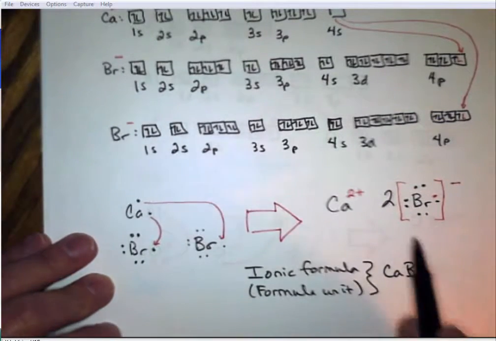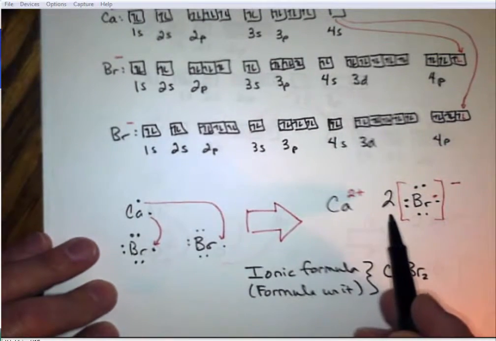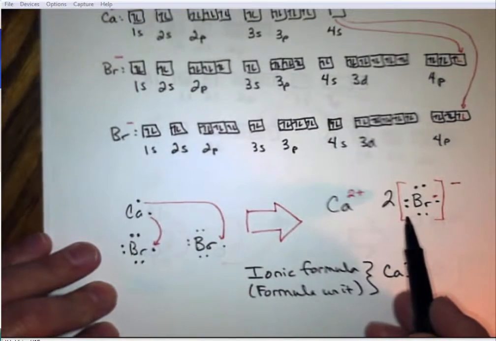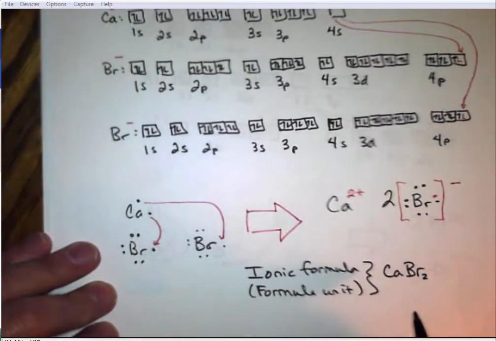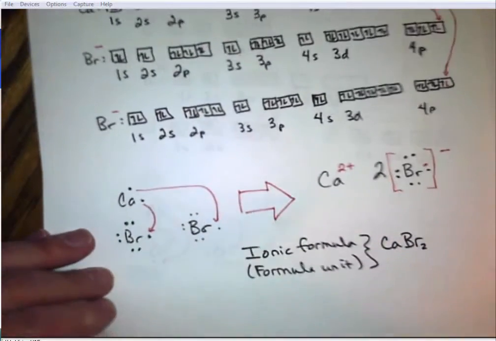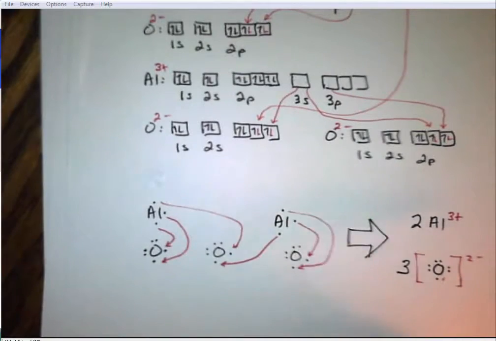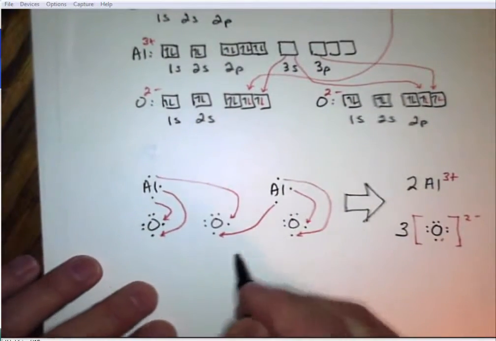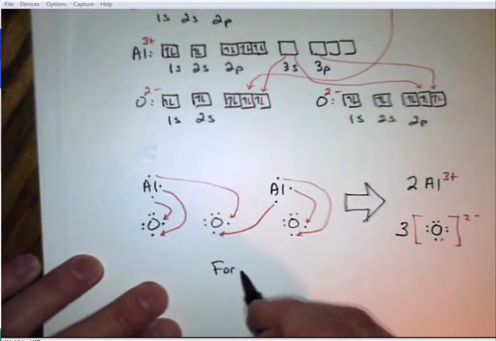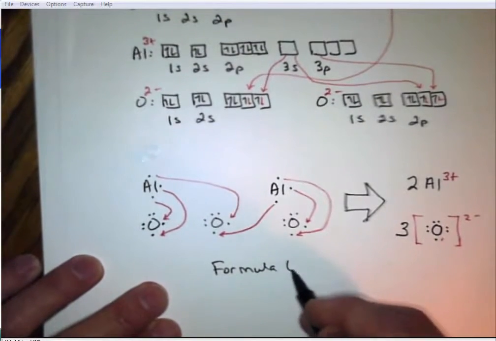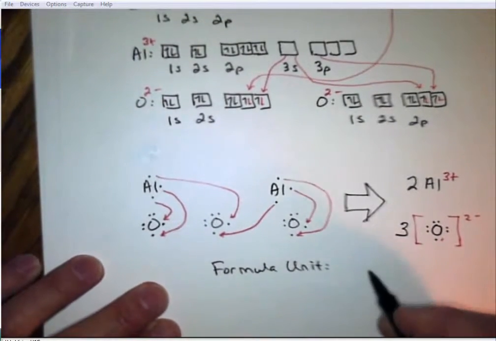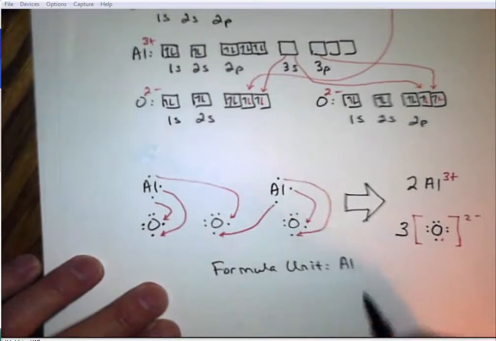So I use coefficients to show there are two of the individual particles, but when I show them combined, it becomes a subscript after the symbol. That makes sense? All right. And so then for aluminum and oxygen, the formula unit is, what is it going to be?